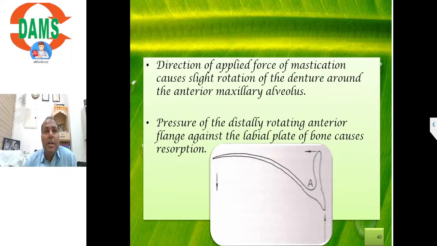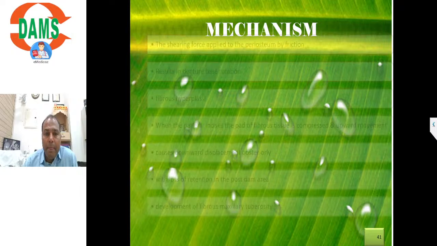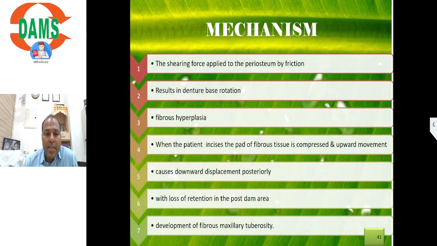Now, the denture becomes slightly mobile, and it will rotate like this. So, when it rotates, it is giving what? It is giving an injury. Now, when it is giving an injury, it will cause denture irritation hyperplasia.